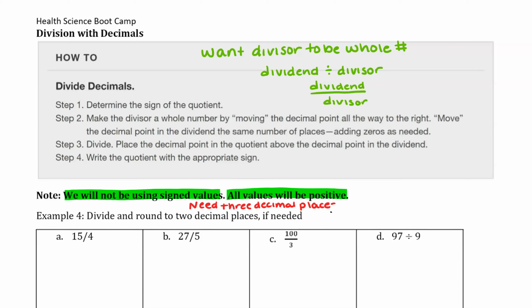Why do we need 3 if we're only rounding to 2 decimal places? Well, because with rounding, you have to look to the digit to the right and use that to decide if you're keeping or bumping. So we need that 3rd decimal place, but we're not going to go past 3 decimal places because some of these could get very, very long. We're going to start small.